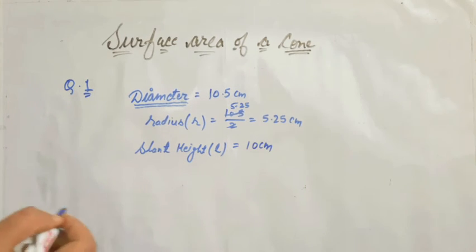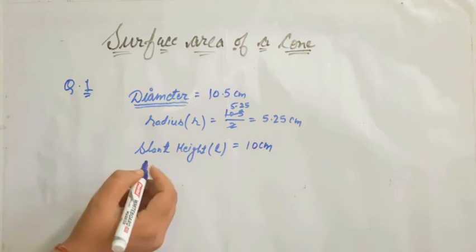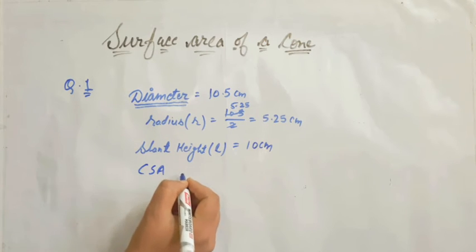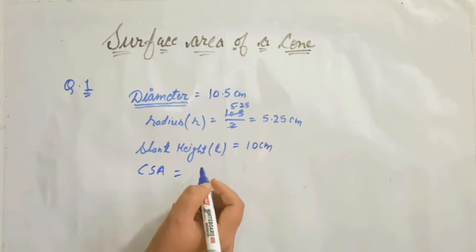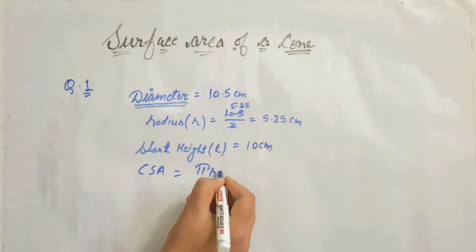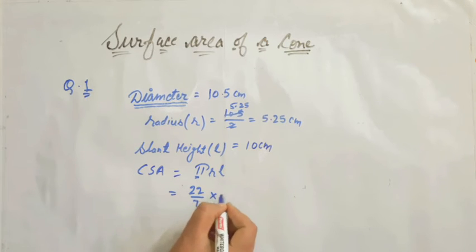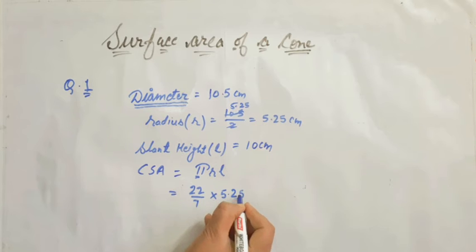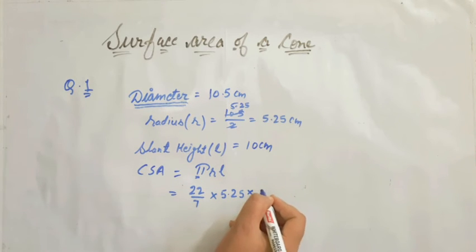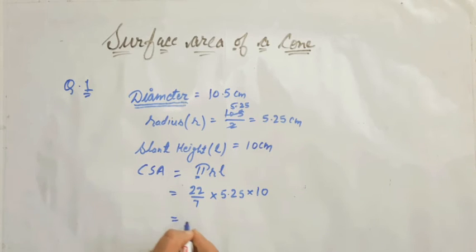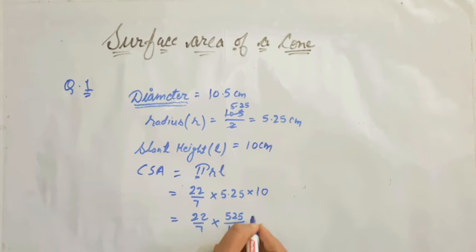So we have to find the curved surface area. CSA will be equal to pi r L. You know the value of pi is 22 upon 7, radius is given 5.25, and slant height L is given 10. So this will be equal to 22 upon 7 into, removing the decimal, 525 upon 100, multiplied by 10.